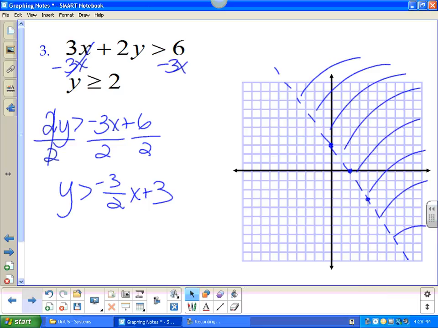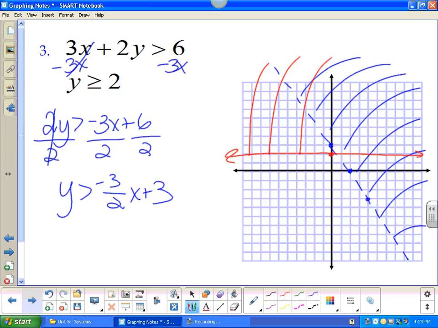And then for the other one, y is greater than or equal to 2. That's a horizontal line, solid, and greater than, so shade above. So your answer for this one is all of this. Any point that lies in that part is going to be your answer to your system.